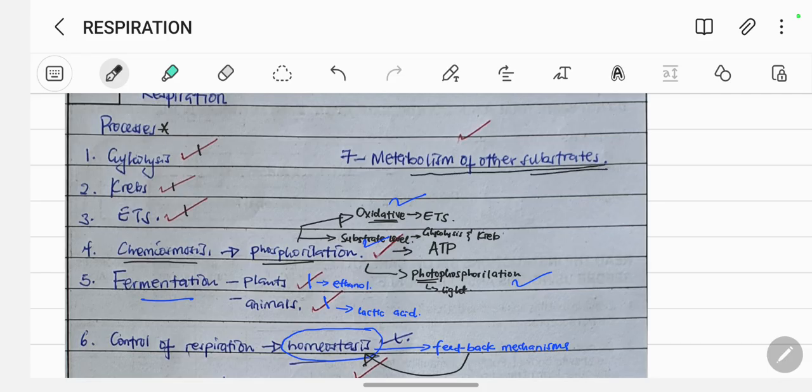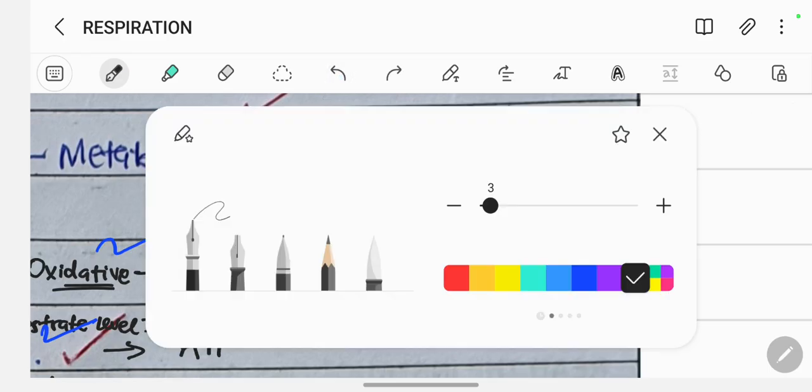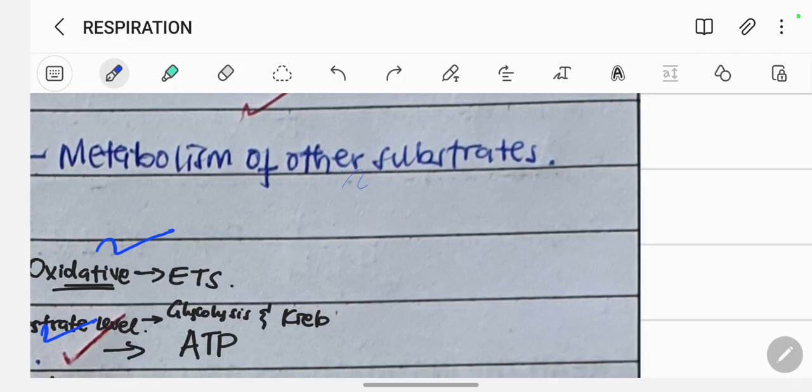We very well know that under the substrates that are broken down during respiration, glucose is dominant.